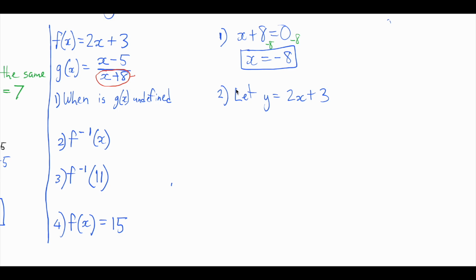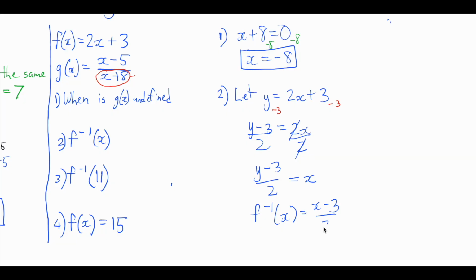So what we're going to do now is try to make x the subject of the formula. So we minus 3 from both sides. Then we'll end up with y minus 3 is equal to 2x. Then we divide both sides by 2, and we will be left with (y minus 3) over 2 is equal to x. So therefore, the inverse of f is equal to (x minus 3) over 2. Does that make sense? Good.